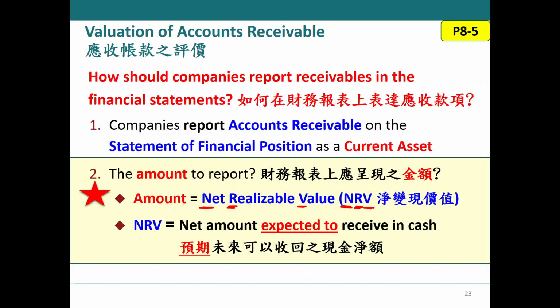After considering the risk, say $100, after we consider the company's financial situation and credit situation, I expect they have the ability to maybe only pay $80 back. So I will put $80 on the financial statement, okay? So NRV is, after we consider the risk, how much money we expect we can get in the future.